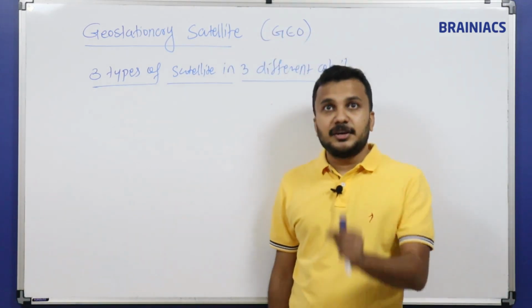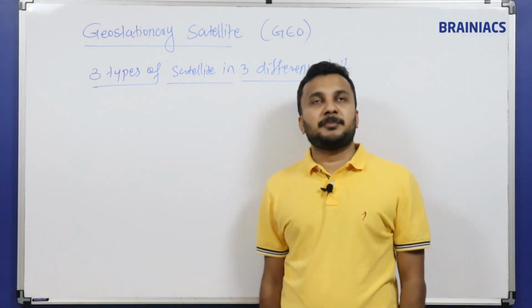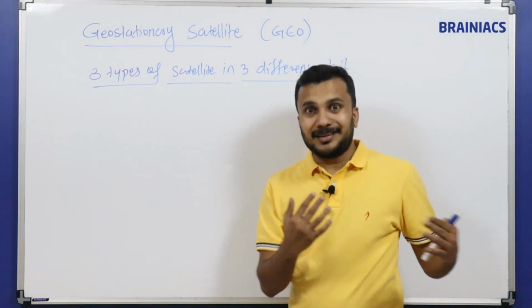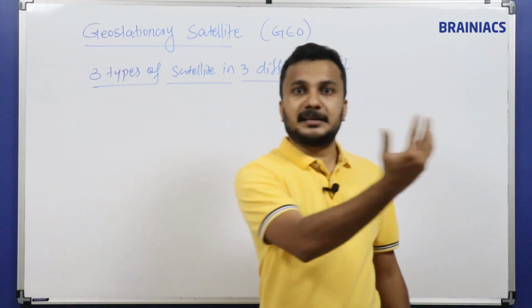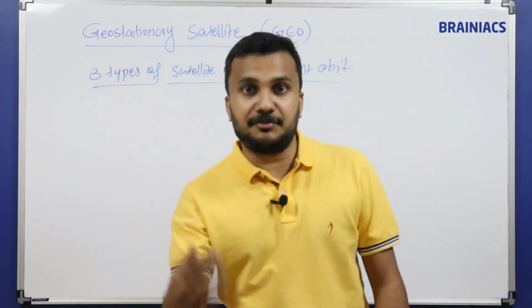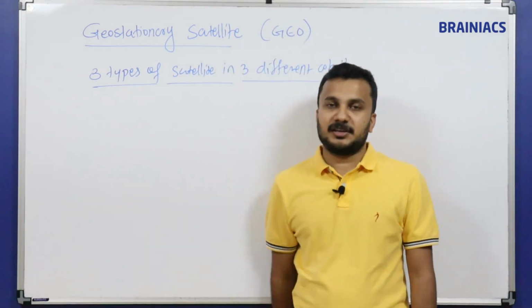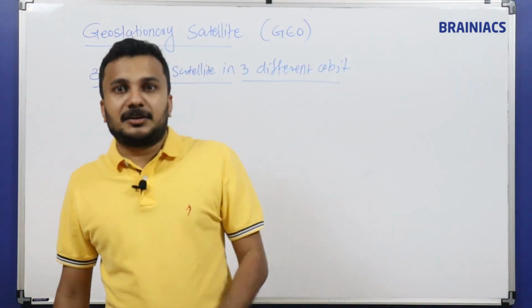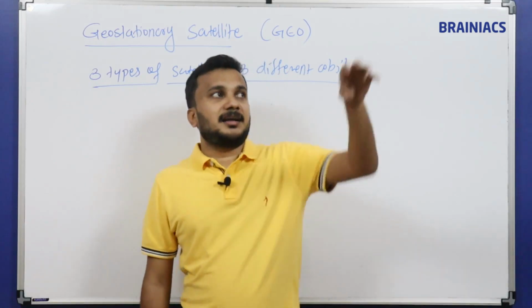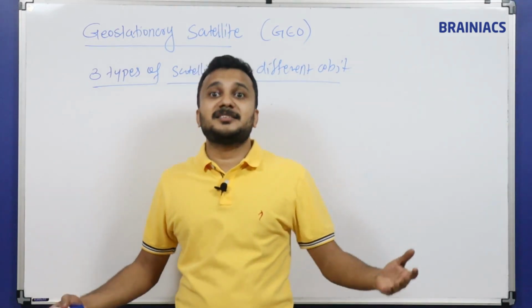So if you are on Earth looking at the satellite, both complete one revolution in 24 hours. So the relative velocity between the Earth and the satellite is 0.